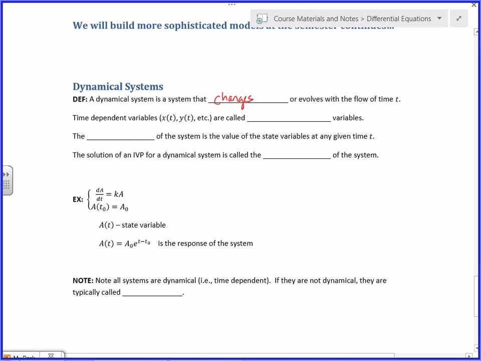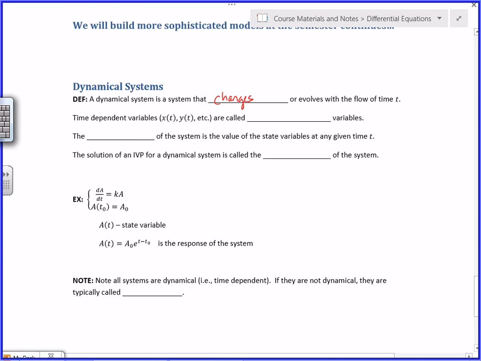There are some pretty interesting software packages that will model these things with feedback loops and all kinds of interesting ways of modeling state diagrams for dynamical systems. Just know that all I mean by dynamical system in the context of this class is a differential equation that depends on t.